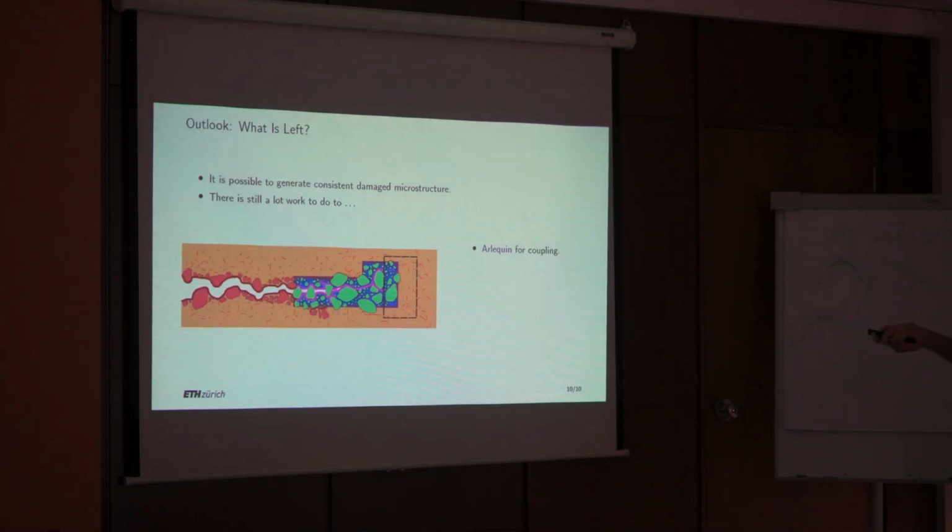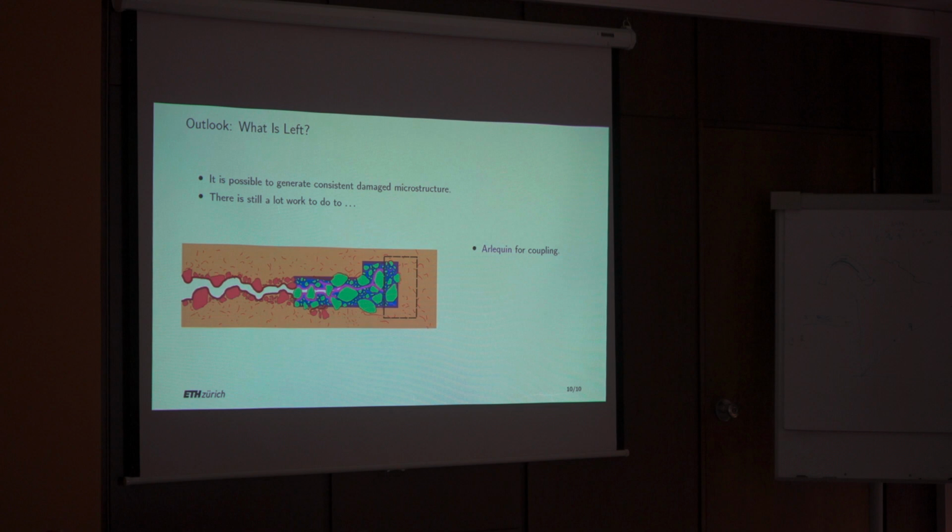You see, my method that I want to implement is basically to only transform a small part of the domain where damage has reached a critical point into a discrete domain. So I must use something for coupling, and currently want to use the Arlequin method.